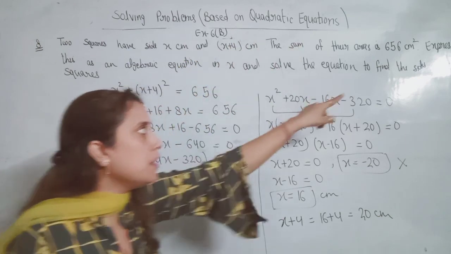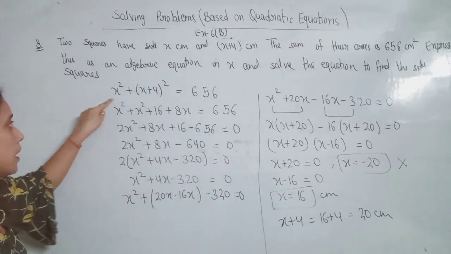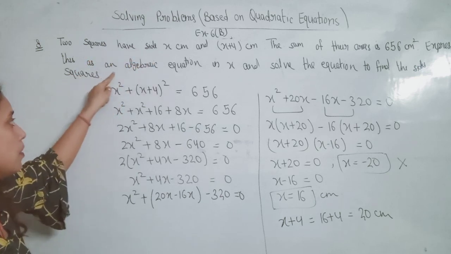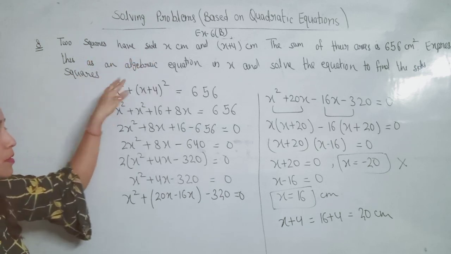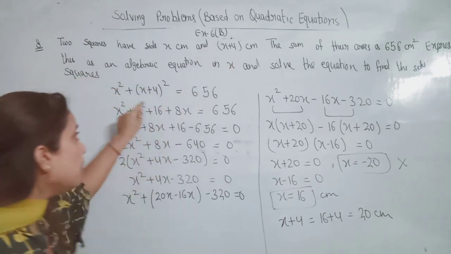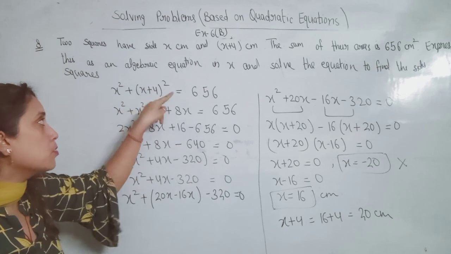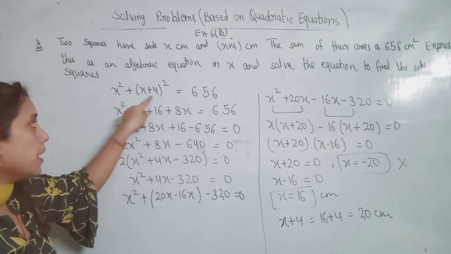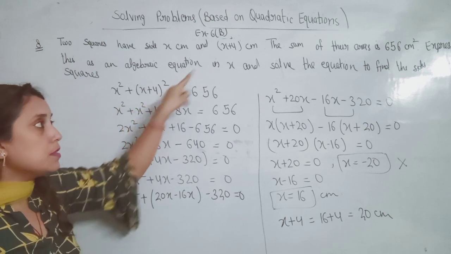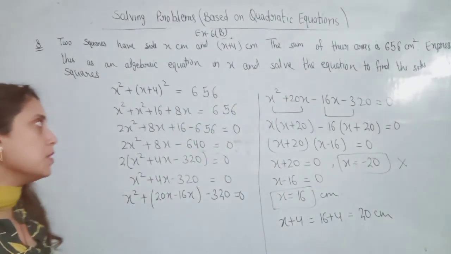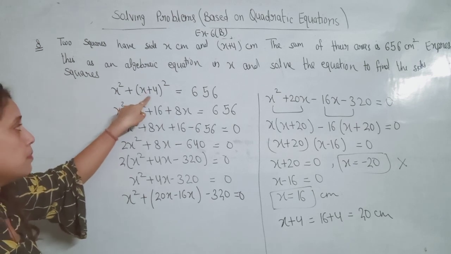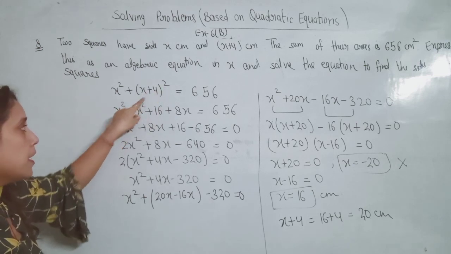The sum of their areas: the area of the square with side x centimeter will be x square, plus the square whose side is x plus 4, area will be x plus 4 whole square, and the sum of the areas, x square plus x plus 4 whole square, is given as 656.